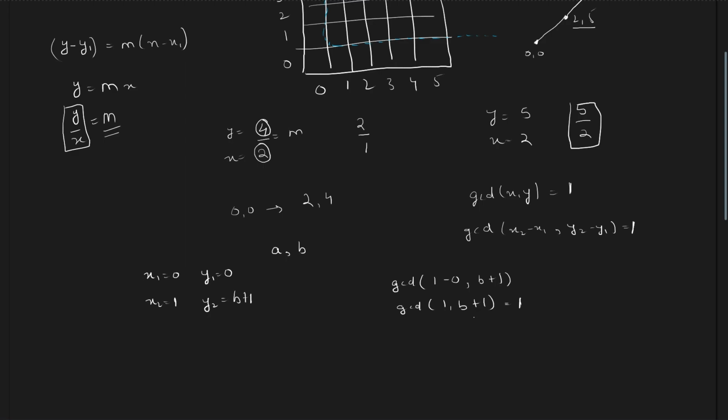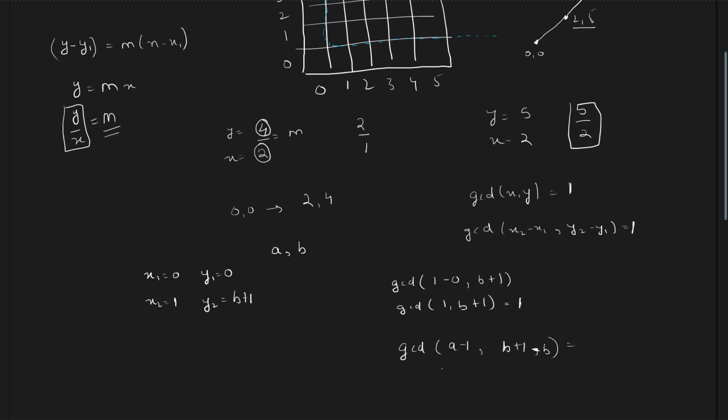Now from 1 comma b plus 1 I want to go to a comma b, right? So I have to take the GCD of a minus 1 comma b minus b plus 1, or let me take it as b plus 1 comma b minus b. You can take any of the coordinates.